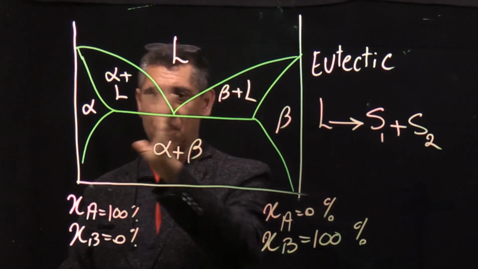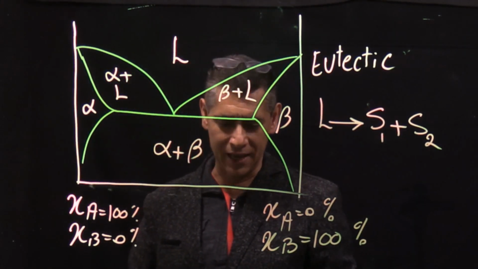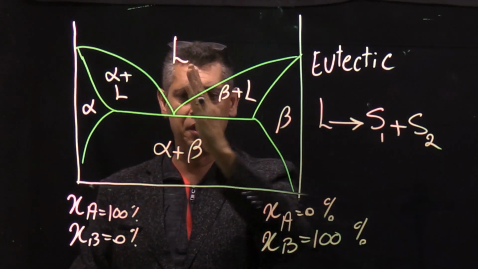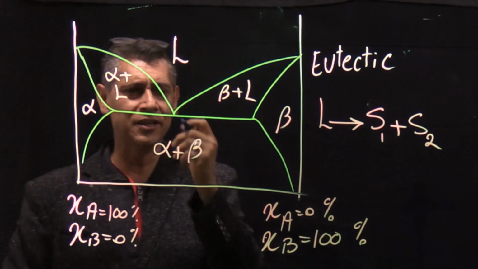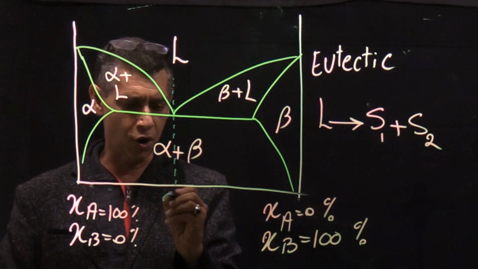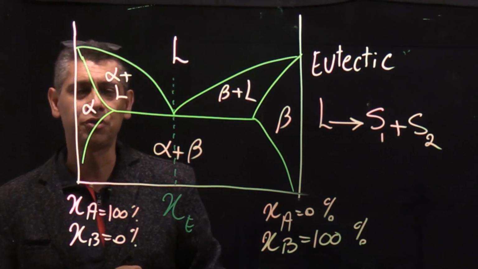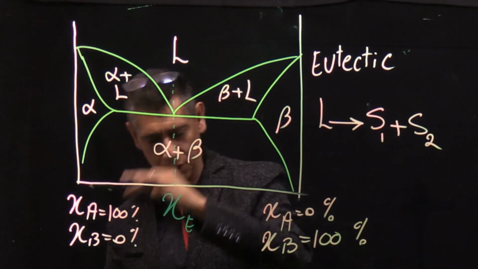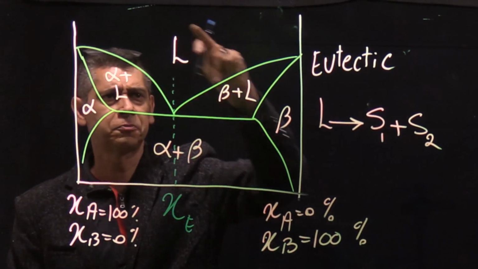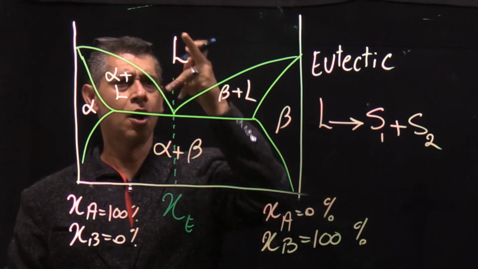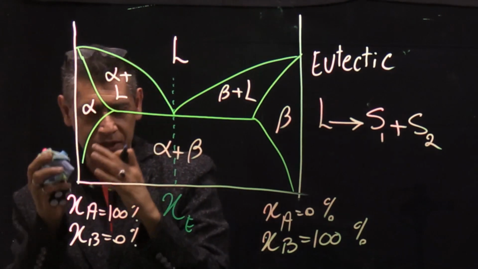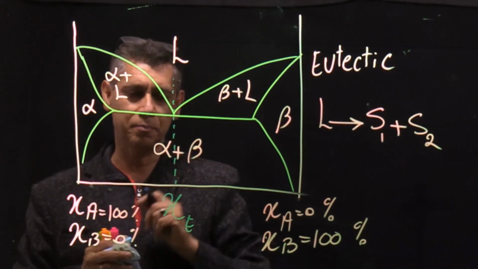There are a few things that you have to understand in this diagram. First of all, by the way, if I'm right at this point, at this composition, which I'll call X_E, at the eutectic or eutectoid, in this case eutectic, composition, I have 100% liquid. So truly 100% liquid becomes 100% eutectic, zebra shape, alpha and beta.